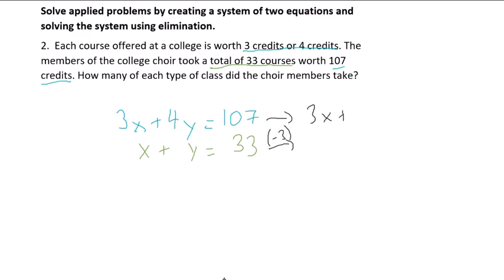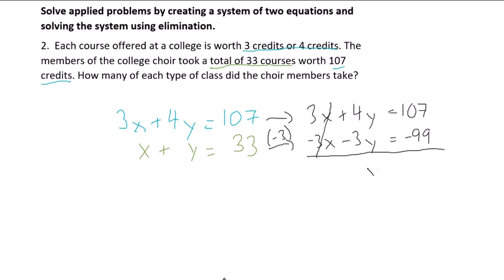So then we have 3x plus 4y equals 107, and -3x minus 3y equals -99. The x's will cancel, and we get y equals 107 minus 99, which is 8. So y is the 4 credit classes.